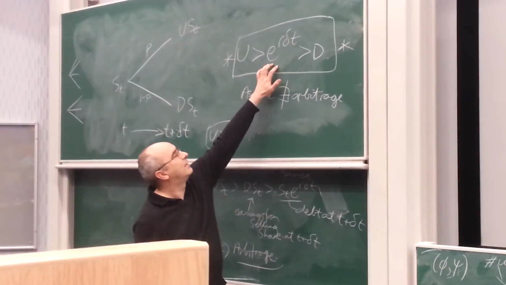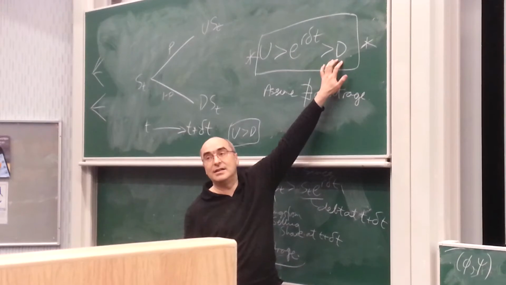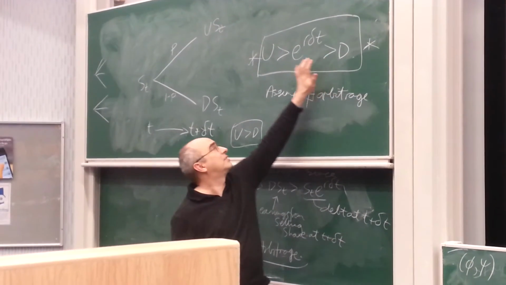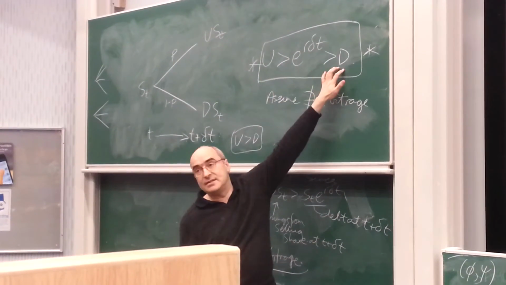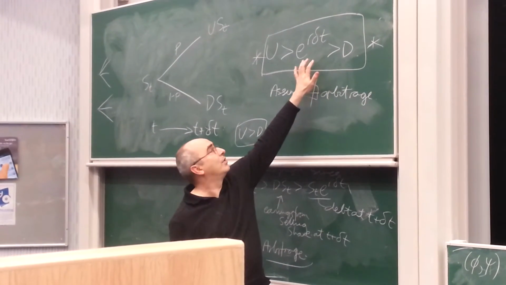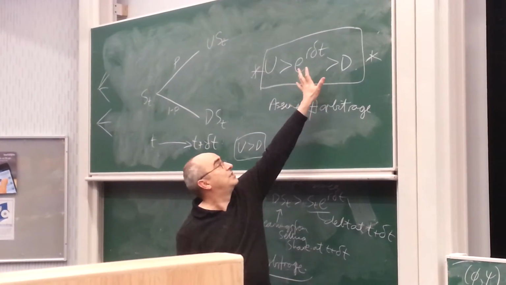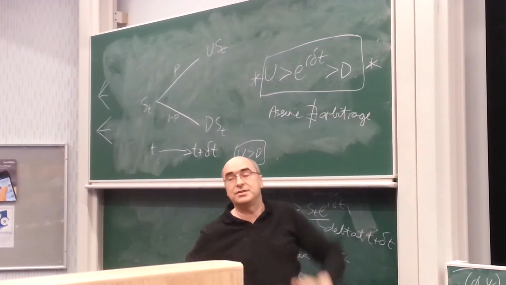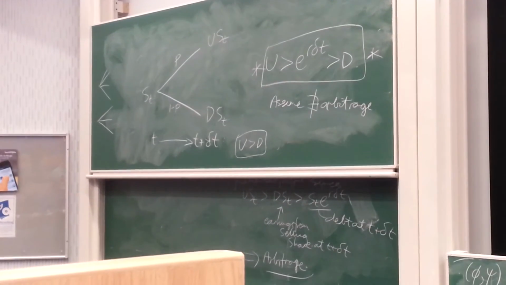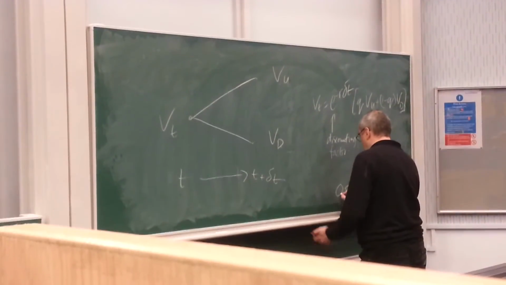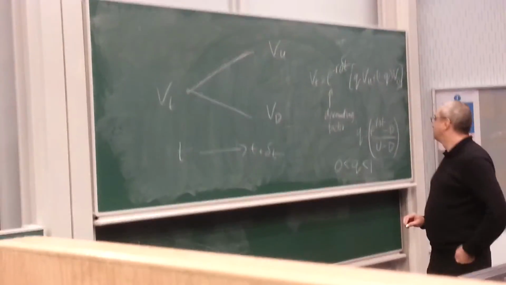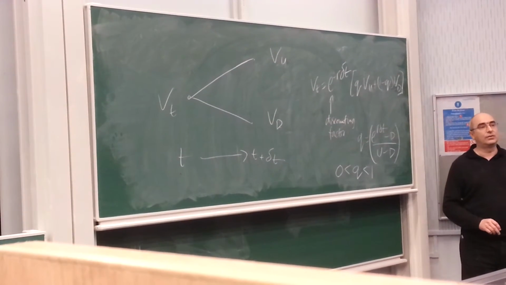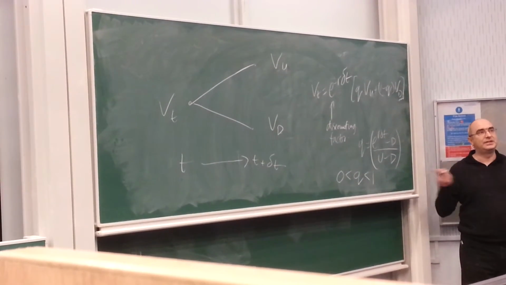The number on the top is e to the r delta t minus d, the number on the bottom is u minus d. So the number on the top, which is the difference of these two, is less than the number on the bottom, which is the difference of those two. So if that inequality holds, that is a number between 0 and 1.